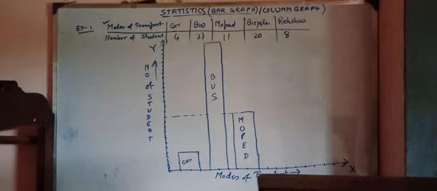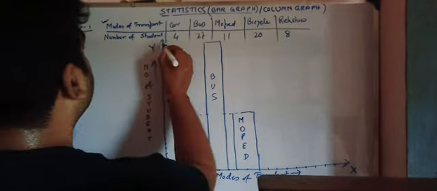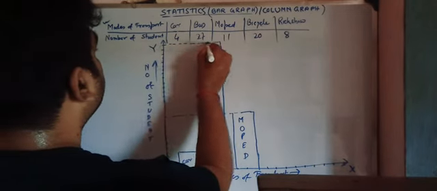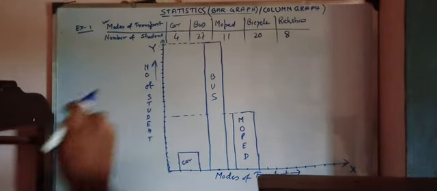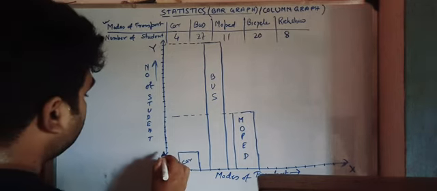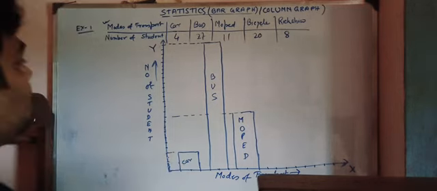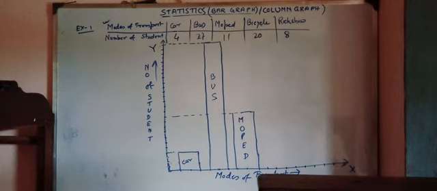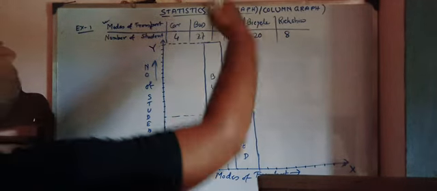Moped. Okay. Next, bicycle. Bicycle is my 20. If we can label that, we don't need to label it. For drawing I am labeling. You don't label it. You just draw the column, the rectangles. Next, by bicycle.